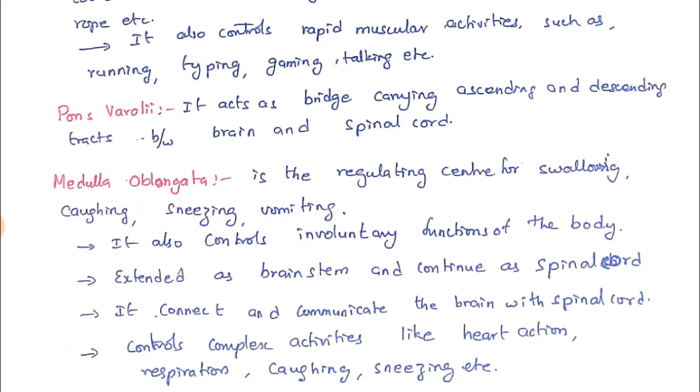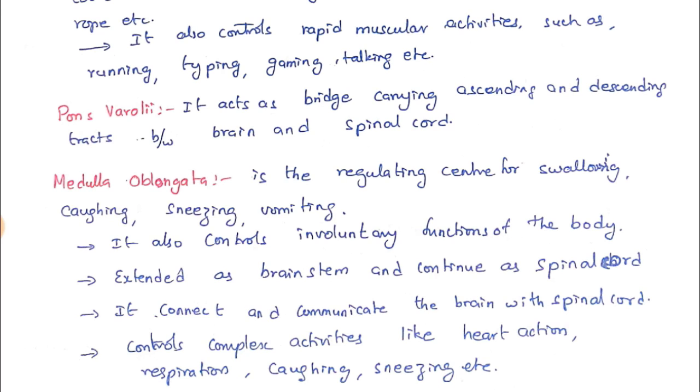Something like the swallowing of the food, peristaltic movement, which I have explained in the earlier videos, in the digestive system. The food goes inside by the contraction and expansion of our esophagus, and this is controlled by the medulla oblongata.